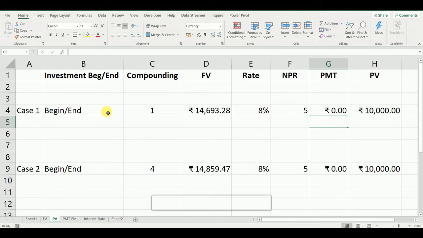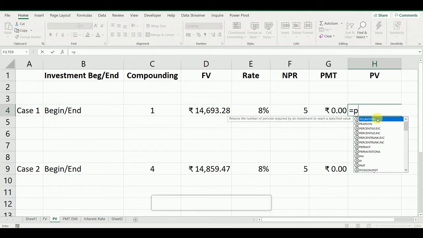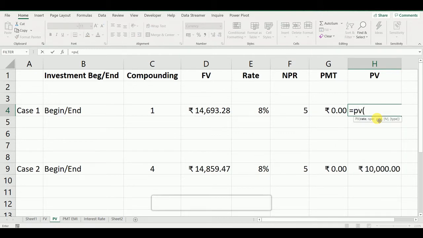So in case 1, we have the future value of 14,693 and we want to invest at the rate 8% and the number of years is 5 years and PMT is 0 and we want to get the PV. So we will start the formula: is equal to PV, bracket start.